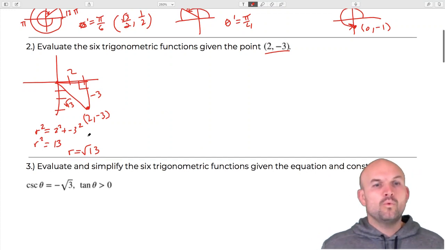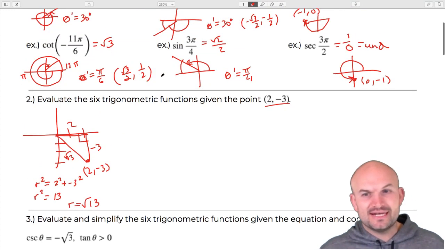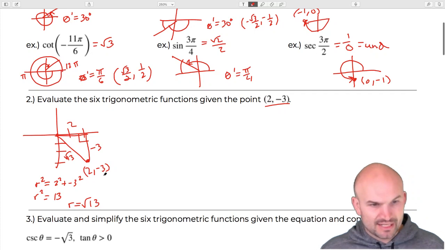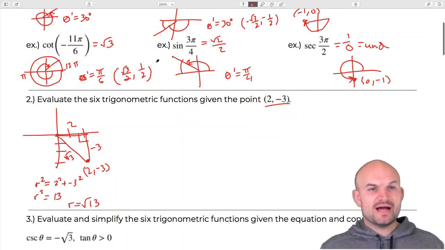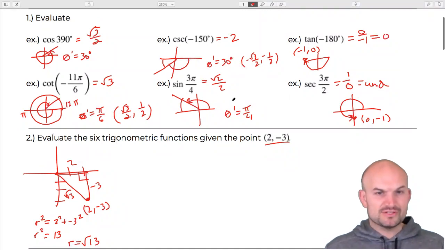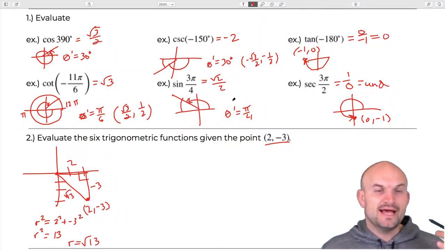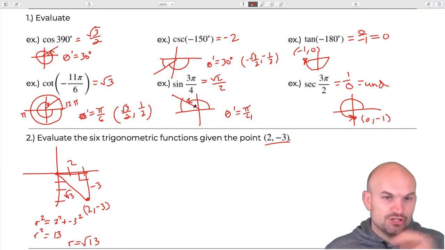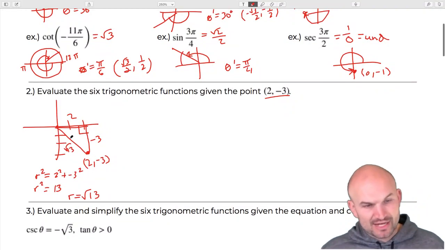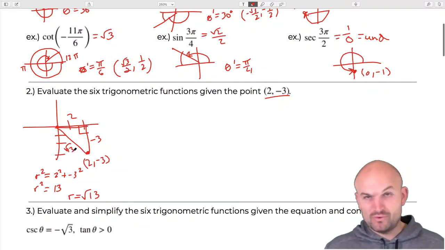Now, why here did I take the x coordinate or the y coordinate or the x over y, and why can't we just do that here? Well, the difference is these coordinate points come from triangles that are on the unit circle, meaning they have a radius of 1. They are 1 unit away from the origin. Whereas you can see this triangle is square root of 13 away from the origin.